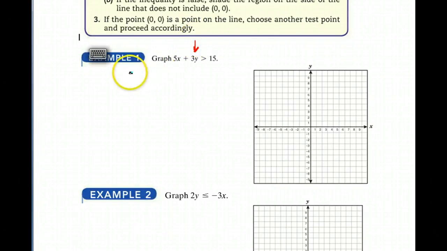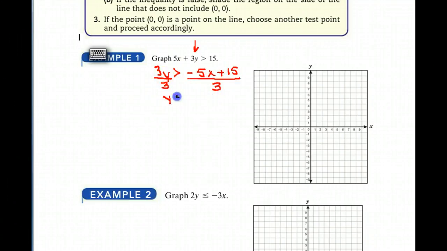The first thing we need to do is subtract 5x from both sides. So I have 3y is greater than negative 5x plus 15. Next, we want to continue to isolate y, so we're going to divide everything by 3. So I have that y is greater than negative 5/3 x plus 5.